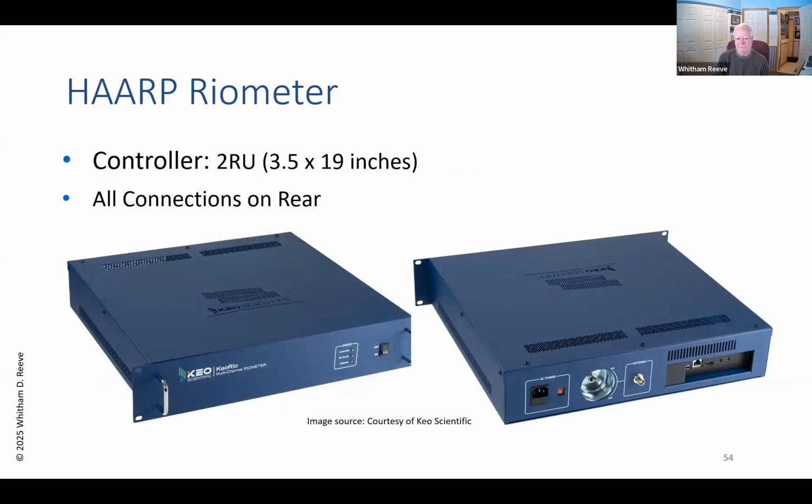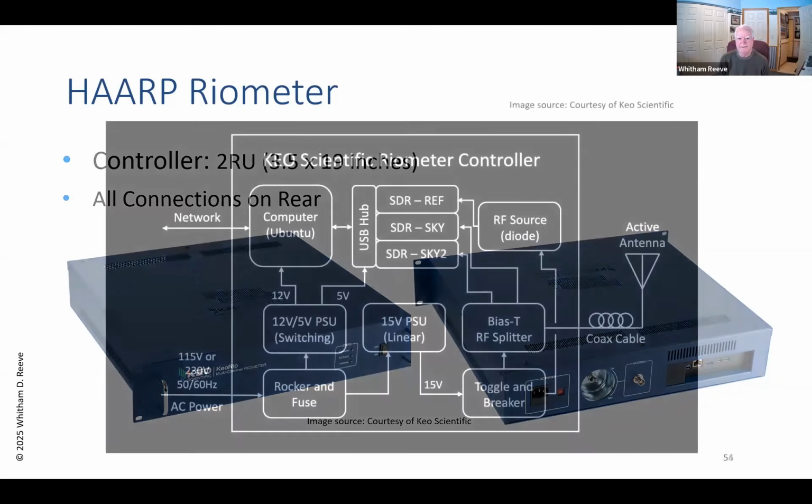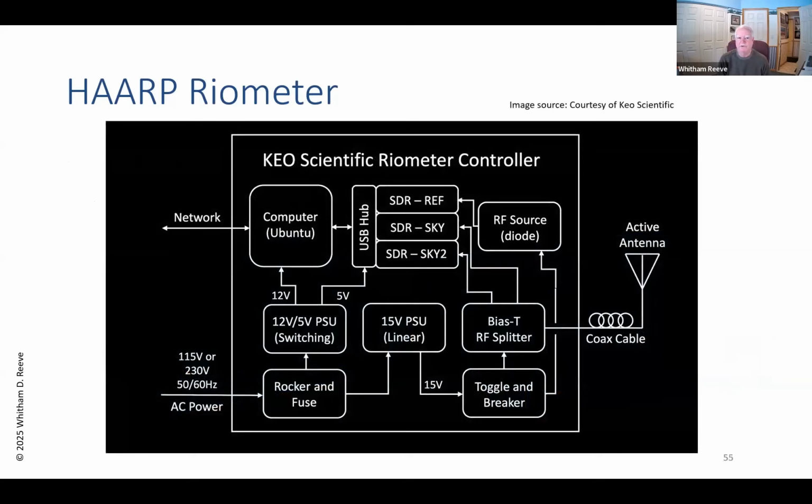Here's a picture of the controller, and it's rack mounted, 3.5 inches high, and the block diagram is shown here. And you can see a lot of familiar components. There's a single board computer that is running a Linux operating system in the upper left here. You have three receivers.